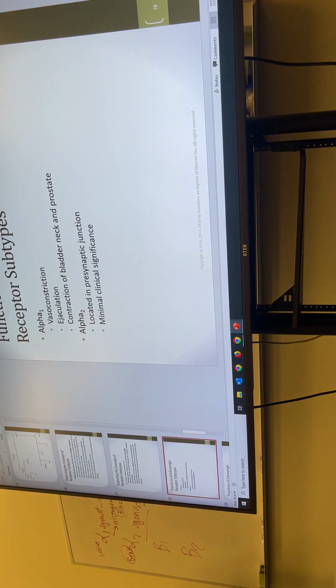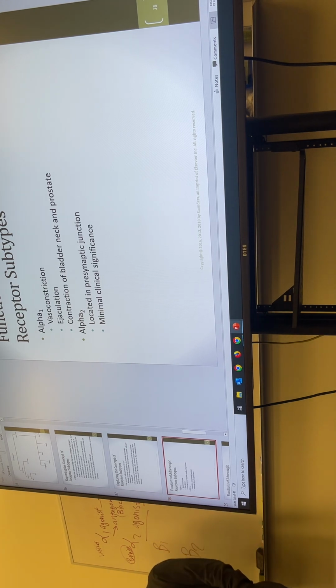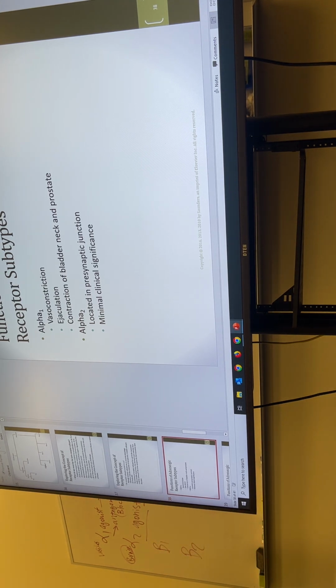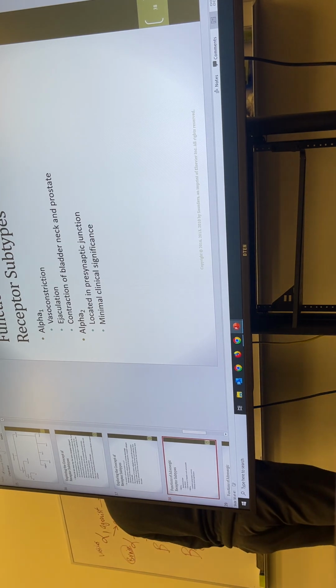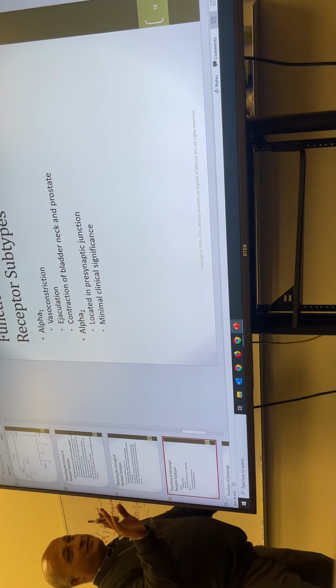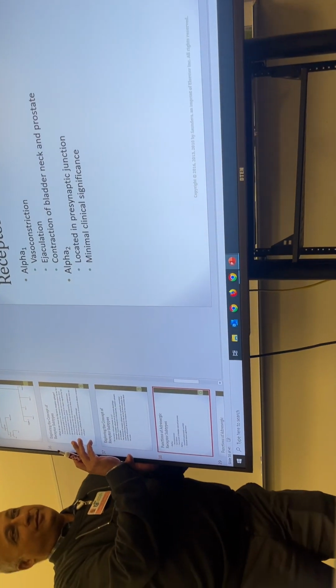Make sense? So now activate alpha 2, norepinephrine drops, I get vasodilation. And what happens to blood pressure? Decrease, right?